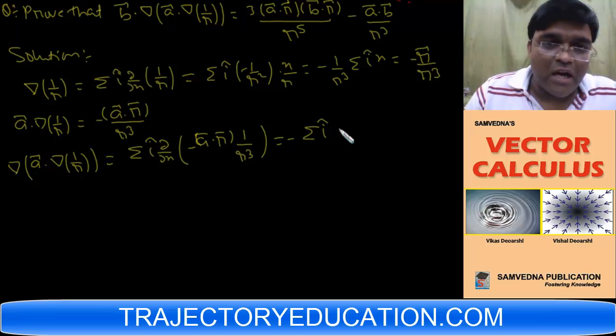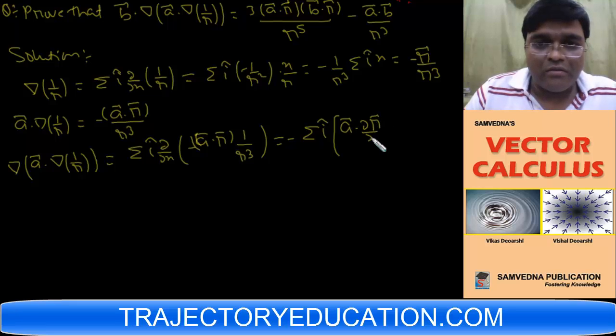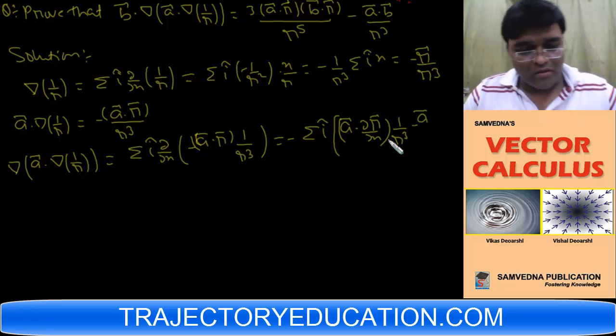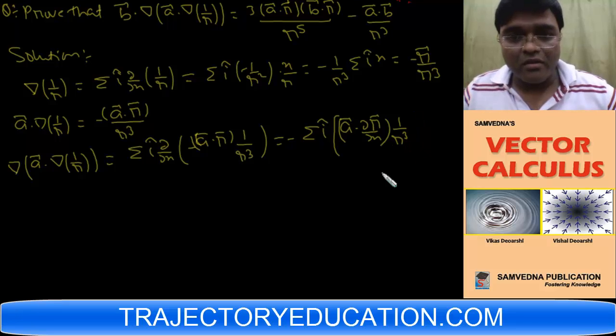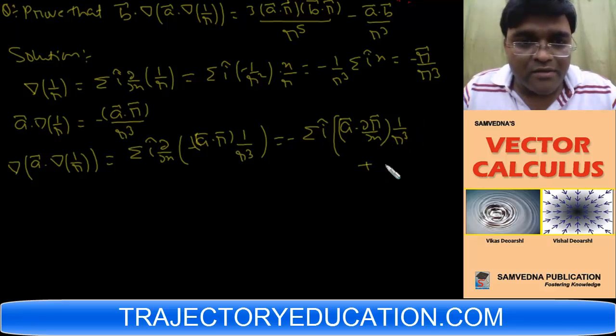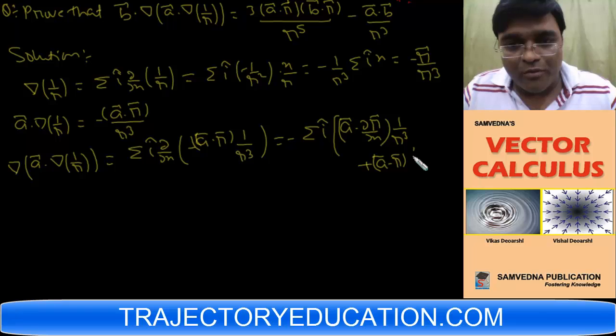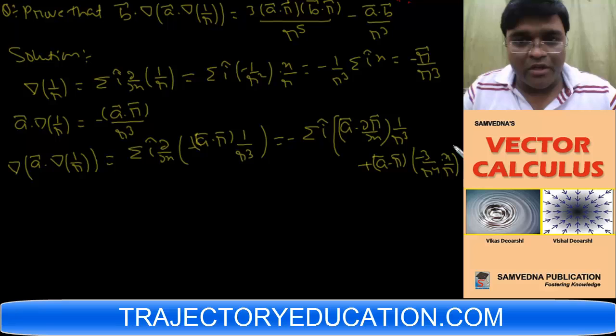Let me differentiate it one by one using the chain rule. This will give me A·(∂R/∂x)(1/R³), and over here plus (A·R), and d/dx of 1/R³ is how much? Minus 3/R⁴ and x/R.